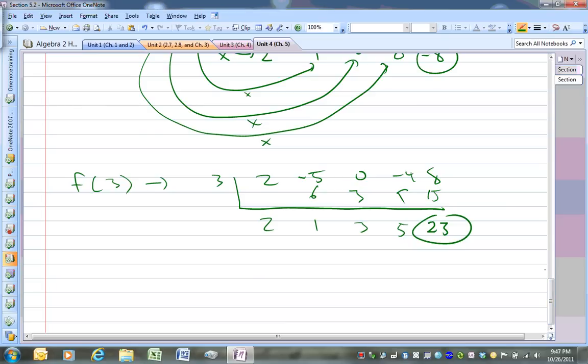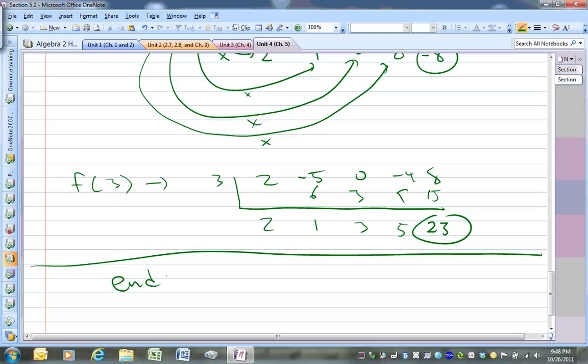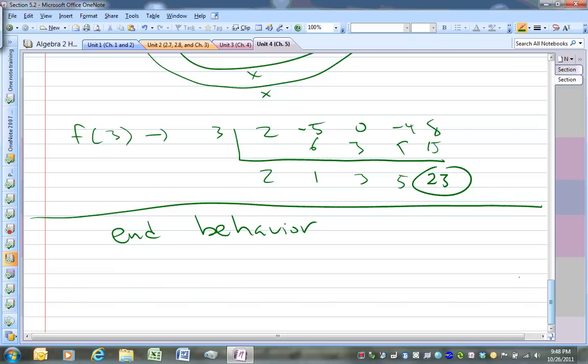Okay, and then the last thing I want to discuss is something called end behavior. And here's how this works. So, we'll make a little table here.